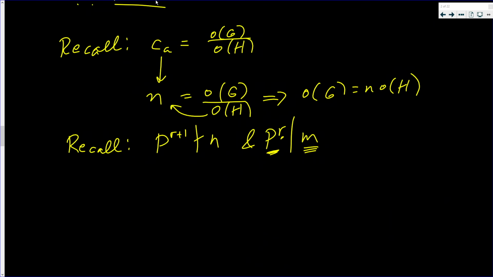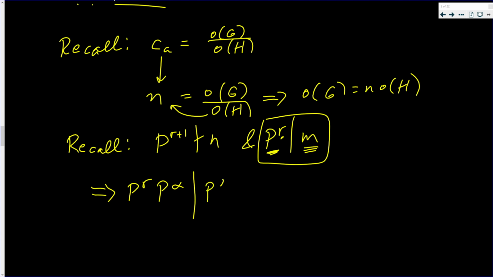Okay, so what we can say about this is, this implies that P to the R times P to the alpha does divide P to the alpha times M. I mean, that's pretty clear, because when you do the division, this goes into here one time, and we are saying that P to the R divides M. P to the R goes into M, I don't know, K times, an integer number of times. 1 times K is an integer.